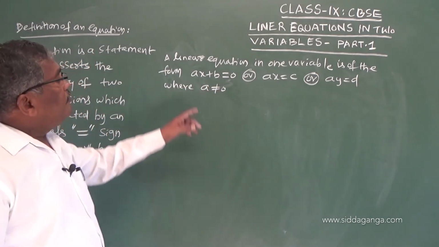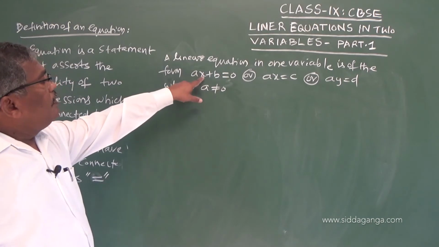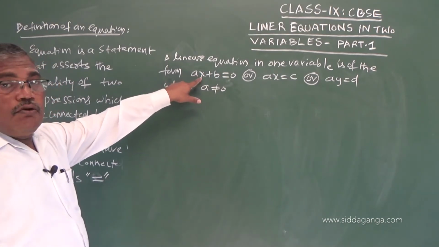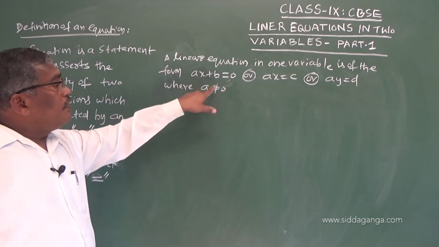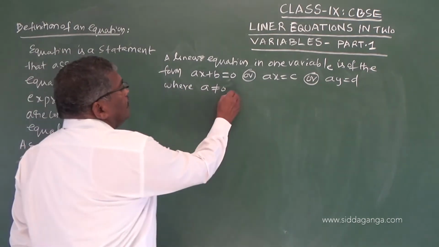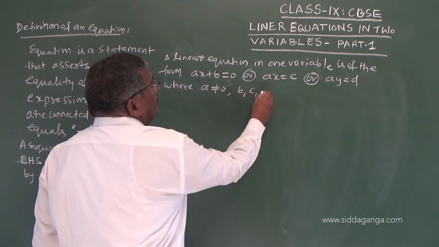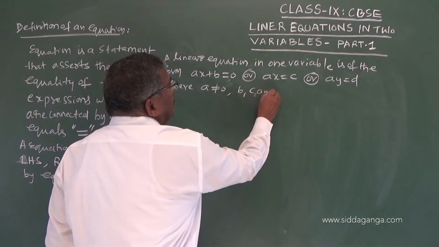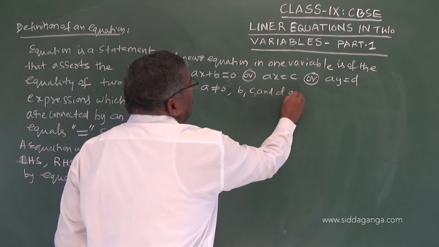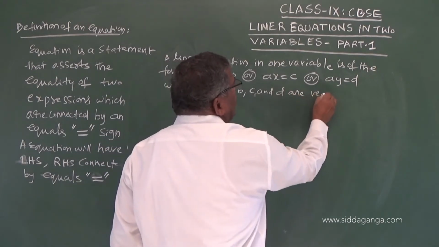Why does this happen? If a becomes 0, x into 0 becomes 0, it becomes only a constant. Therefore a is not equal to 0, and b, c and d are real numbers.